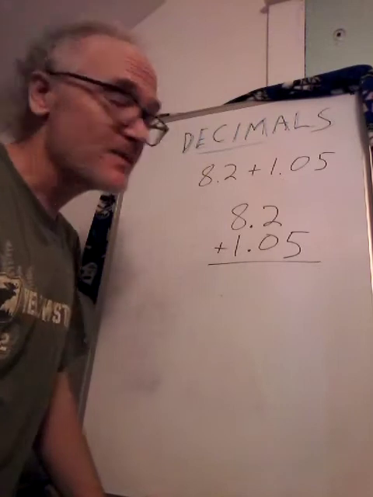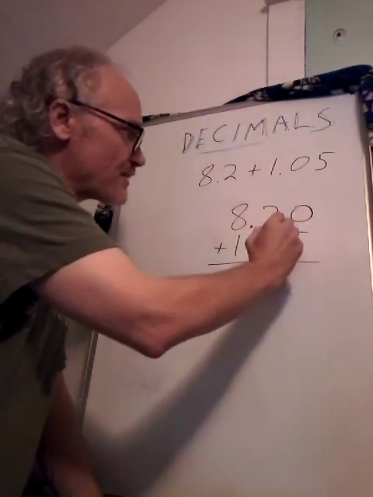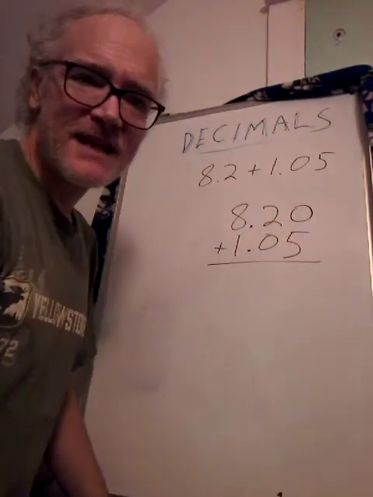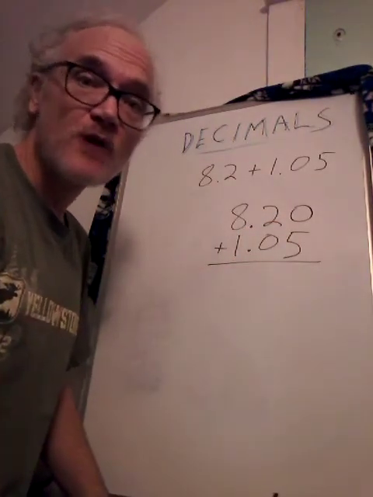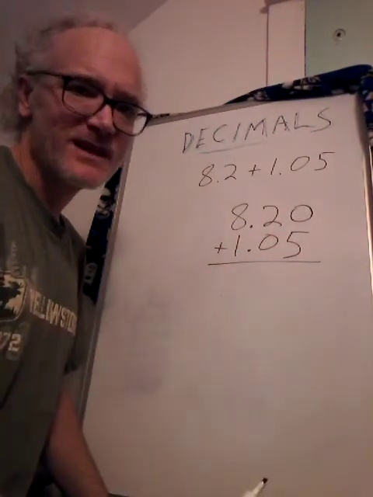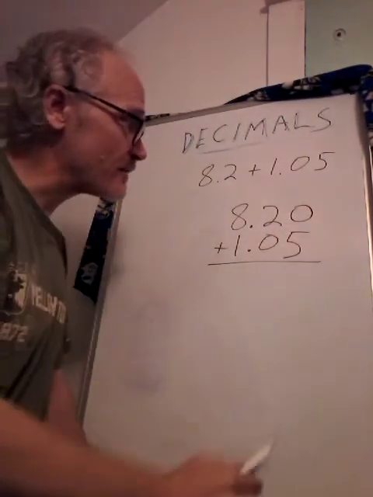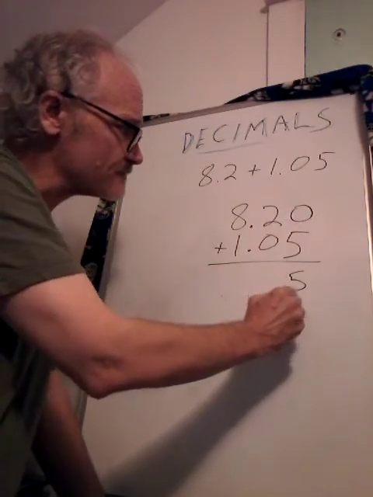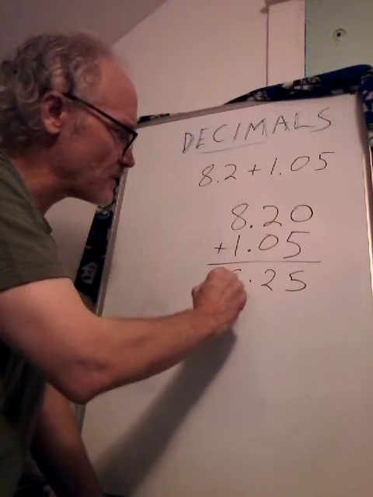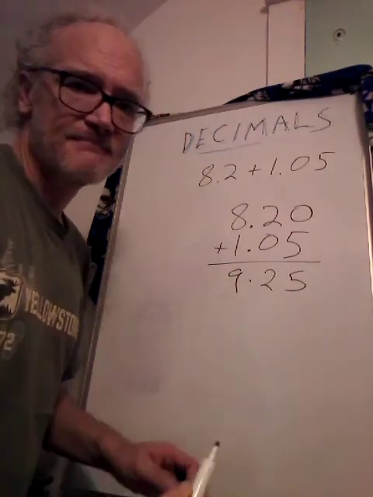Yes, I can. I put a 0 on top because 8.2 is the same thing as 8.20 or 8.20000. If I put zeros behind it after the decimal, it's fine, as long as there's no other numbers out there. And then I just add. 0 plus 5 is 5, right? Just like that. Easy.